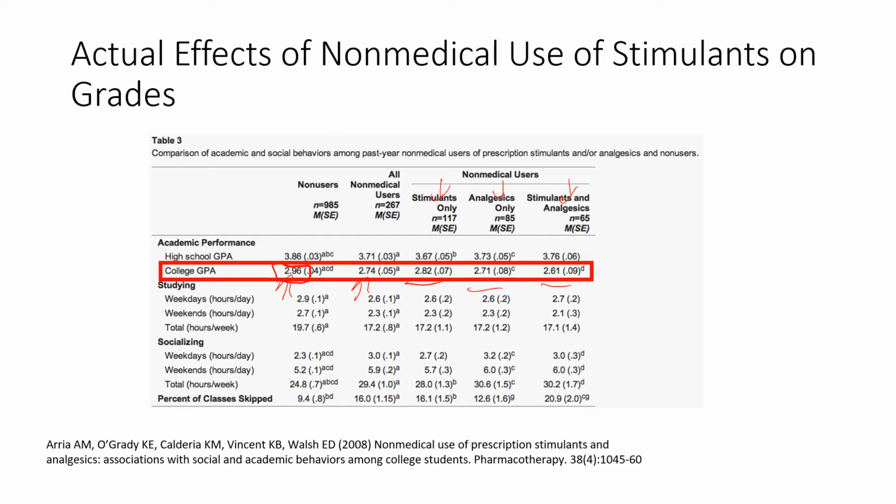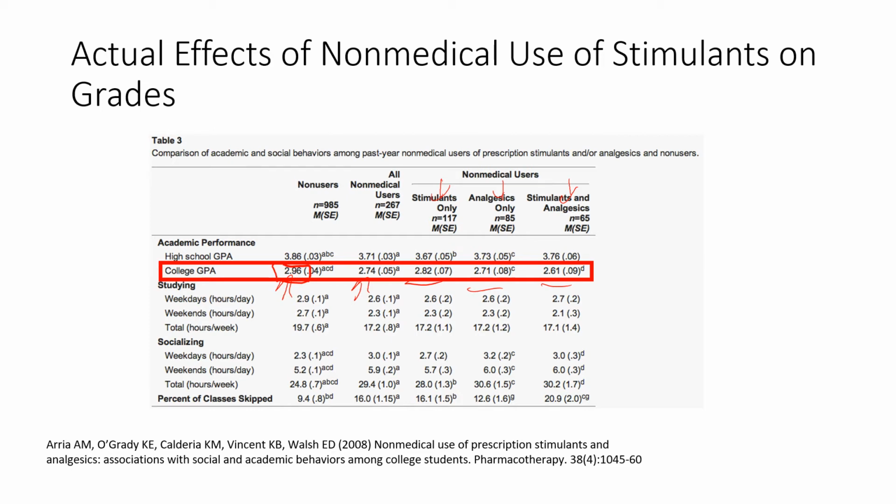Granted, this study is correlational in nature. There have been causal studies where researchers got approval to give stimulants to participants and had controls, as we saw in the previous one. The plain and simple fact is that in those who do not have ADHD, stimulants do not increase grades and do not increase learning.